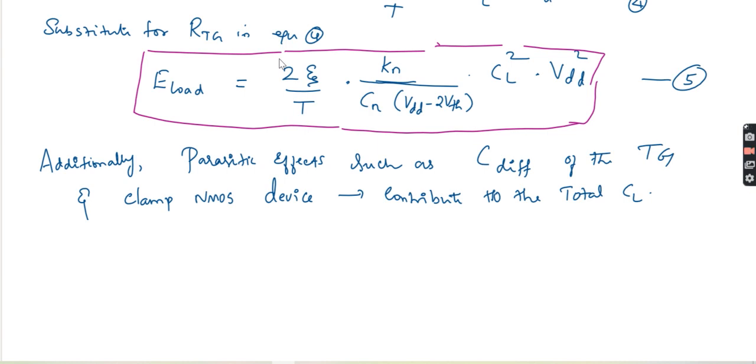So note, we are neglecting the parasitic capacitance.